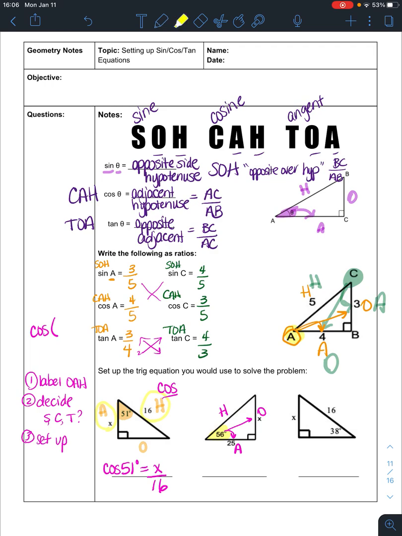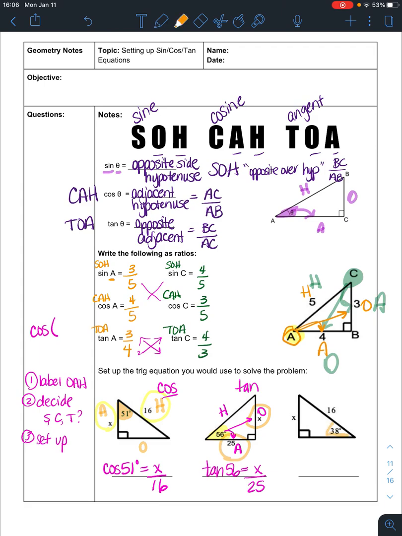Well, I have O and A. Those are the two sides that I have information for, O and A. So if I have O and A, that's tangent, or TOA, right? So I'm going to use tangent. So I would write down tangent of 56, the tangent of the angle, is equal to the opposite side, X, over the adjacent side, which is 25.